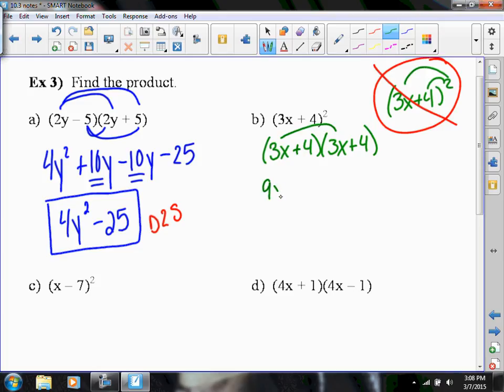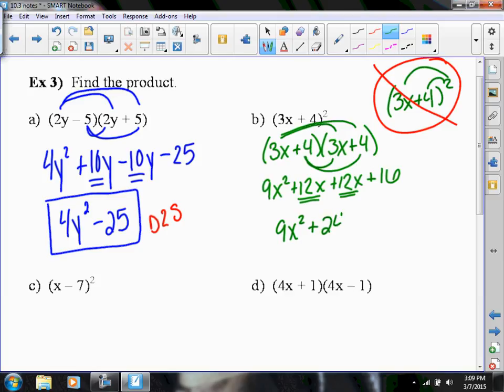So 9x squared plus 12x. 4 times 3 will be another 12x. And then 4 times 4 is 16. So again, this number at the end here, this is a perfect square. I'm going to have my middle terms that will combine, and they'll end up doubling the terms that I had there.